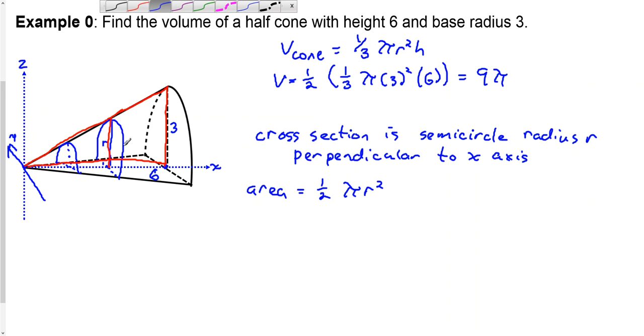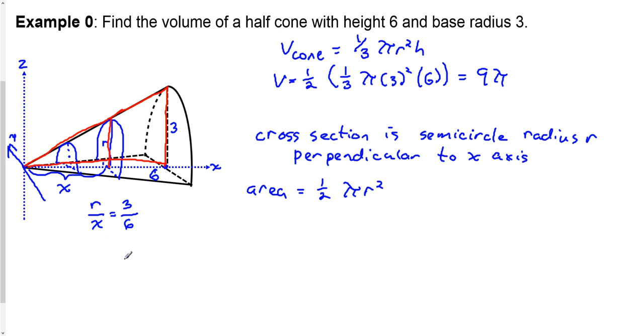Looking at those two triangles, we know they are similar to each other because they share angles. They both have a right angle in here, and they share an angle down here. That means the lengths of their sides are proportional. So in the small triangle, r over x, the distance from here to here, is going to be equal to, in our big triangle, the height of 3 over the long side, which has a total of 6.